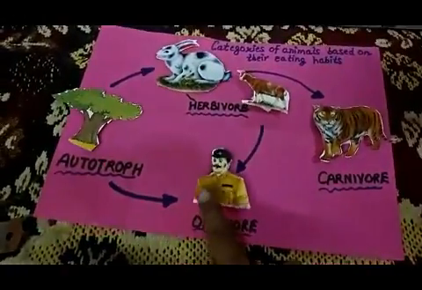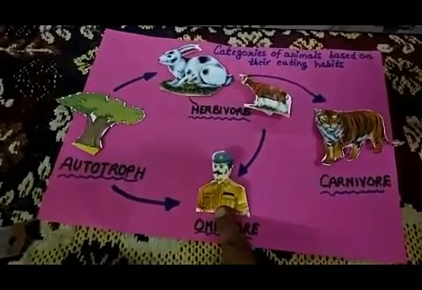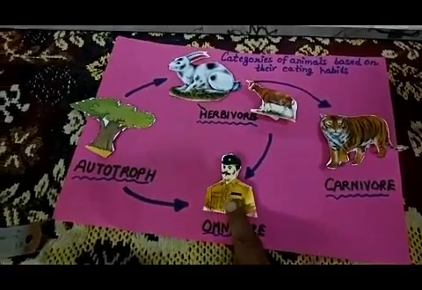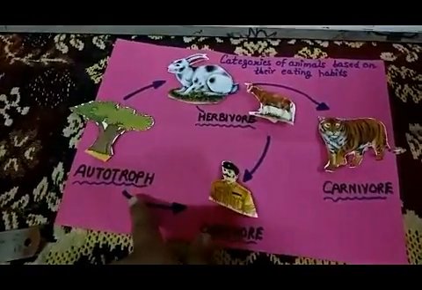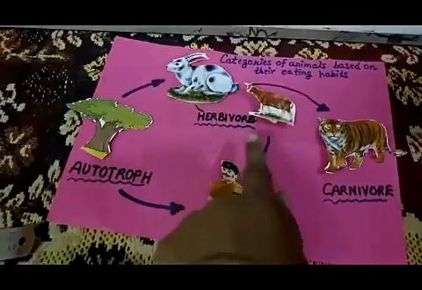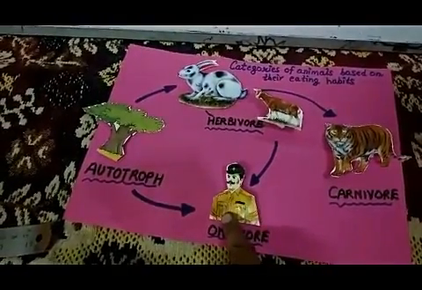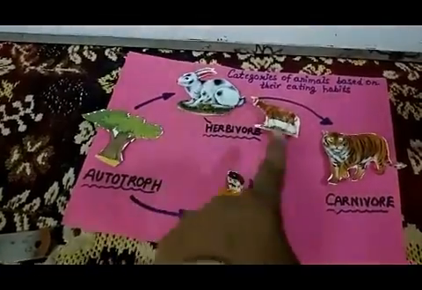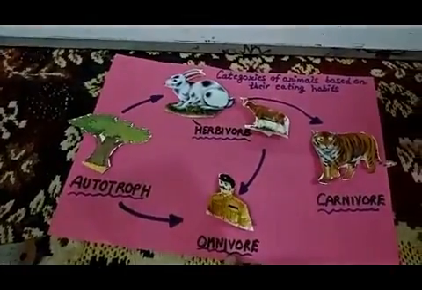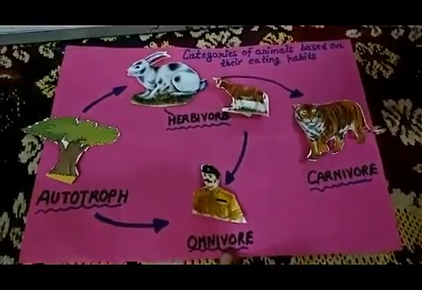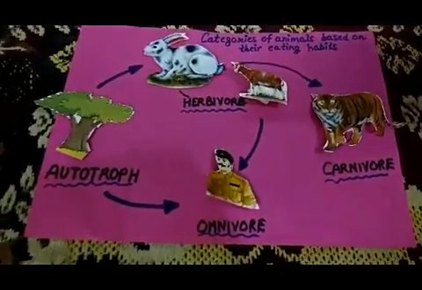If we talk about human beings, you can see they eat plants as well as other animals also. So the animals that eat plants as well as the flesh of other animals are known as omnivorous. This is called a food chain.